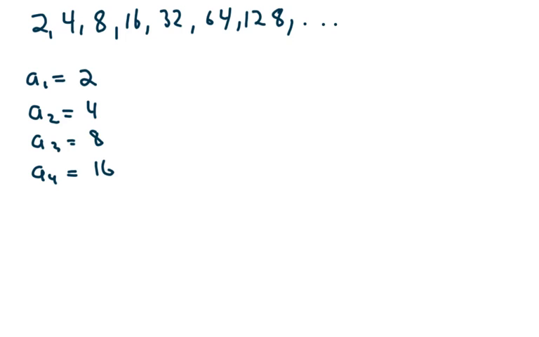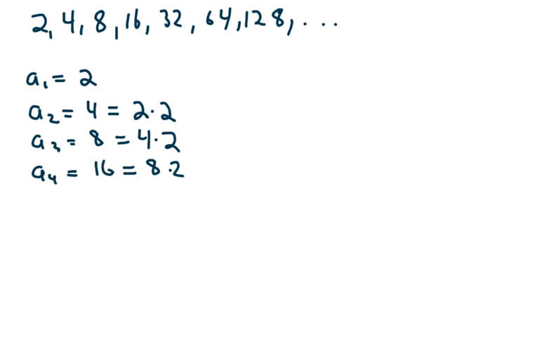To get from here to here, I can multiply by the same thing as getting from here to here. So the second term is also going to be the first term times 2, right? To get from here to here, I can multiply by 2. To get from here to here, I can multiply by 2. So that says the third term, 8, is equal to the previous term times 2. And a sub 4, the fourth term, is going to be the previous term times 2, right?